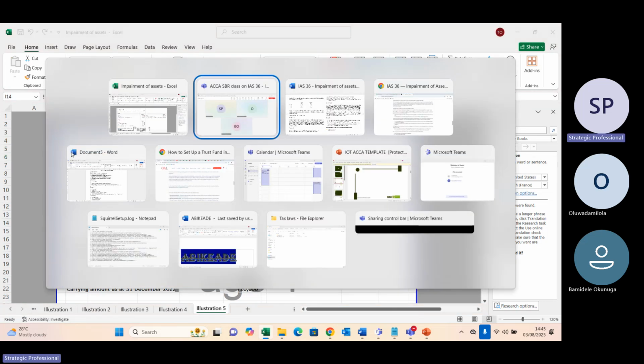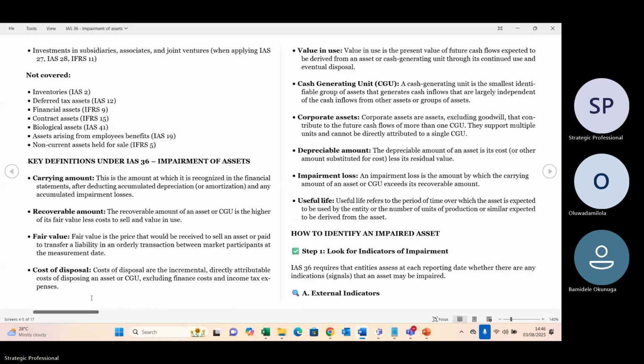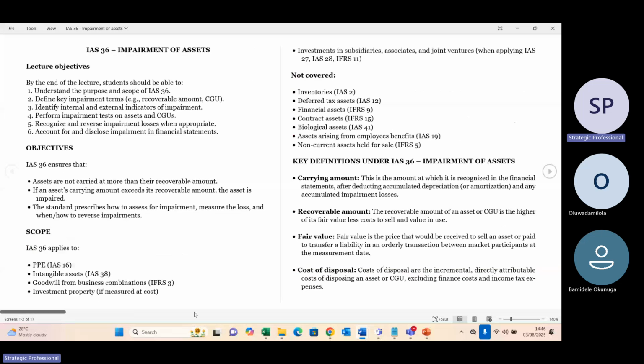Okay, the next one, the question is calculate the fair value less cost to sell of non-current asset. Now, what is the fair value less cost to sell? Let's break it down. Fair value less cost. So let's have a fair value. Fair value is the price that will be received to sell an asset or paid to transfer a liability in an orderly transaction between market participants at the measurement date.